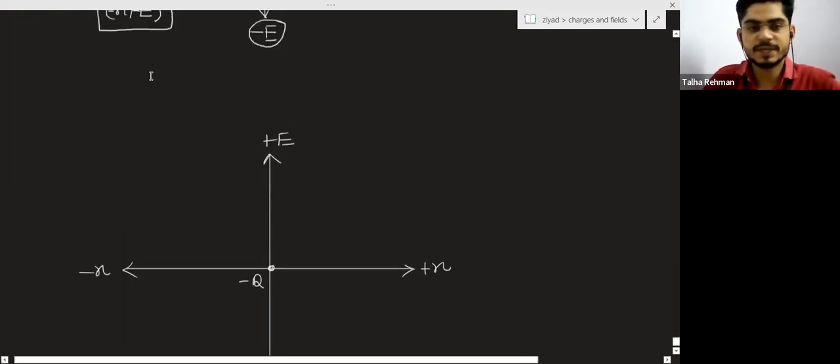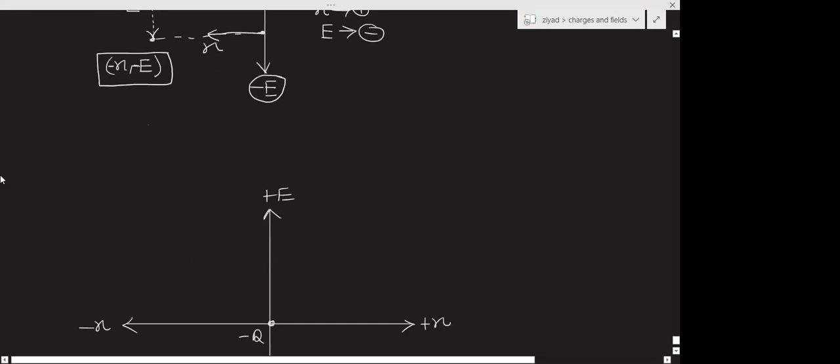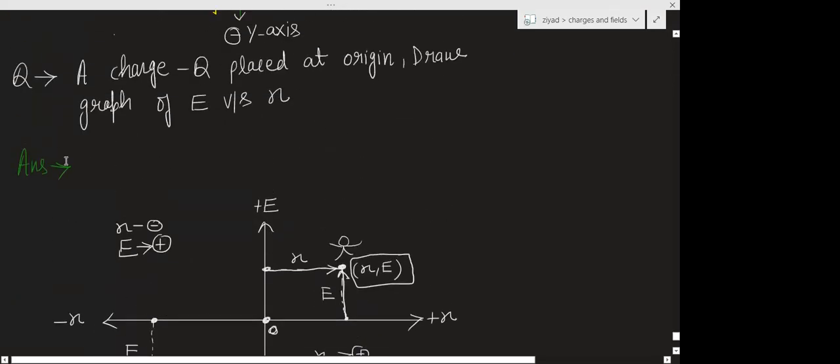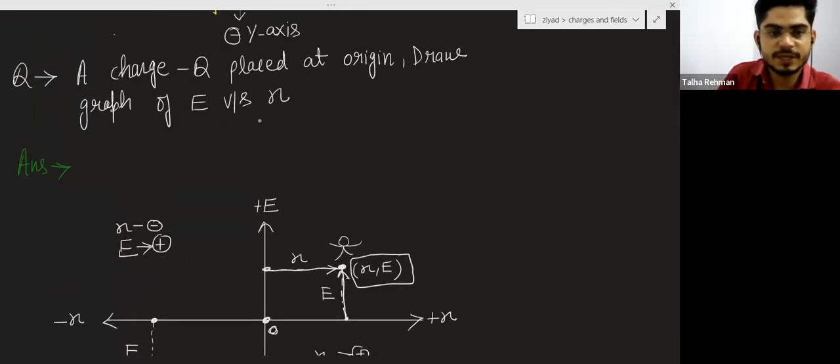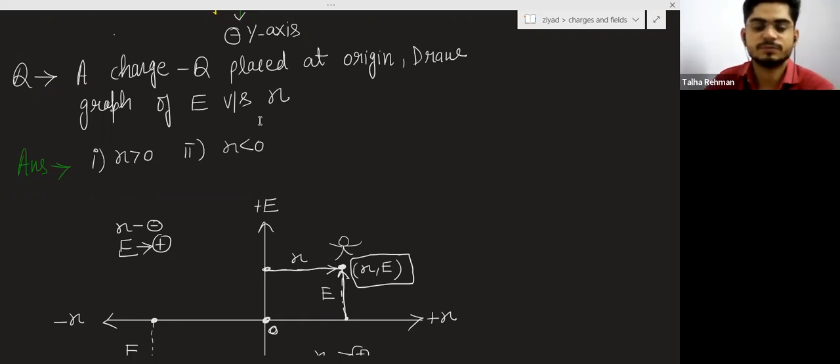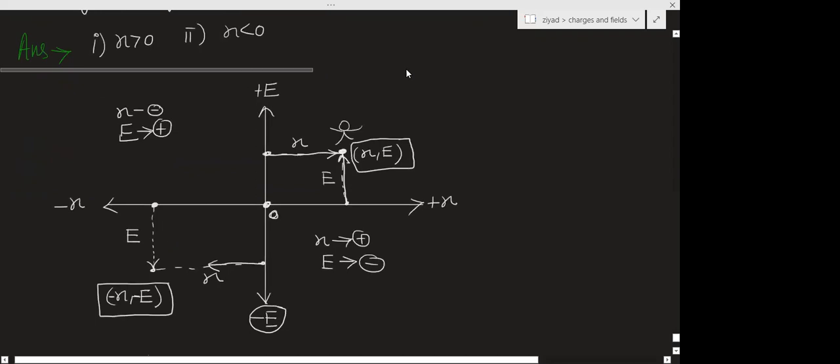And they are saying, the question is this. They are saying draw the graph for number 1, x greater than 0, number 2, x less than 0.